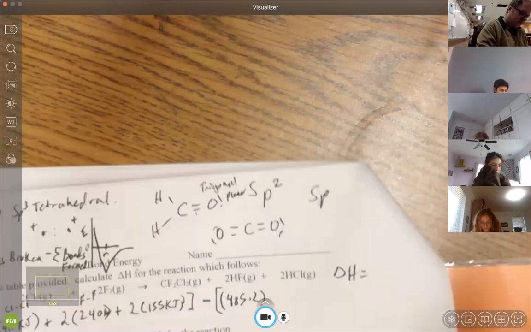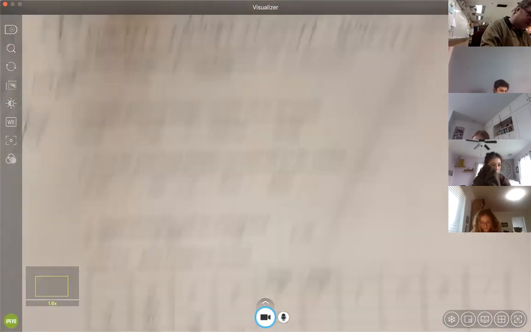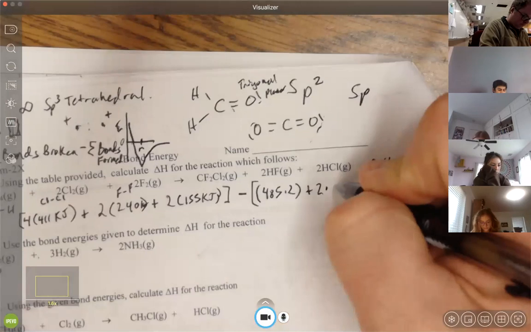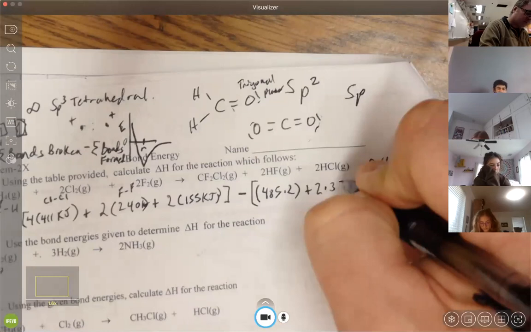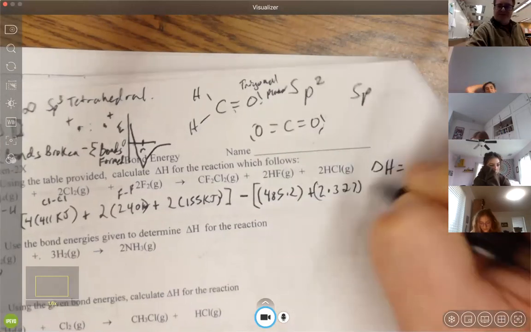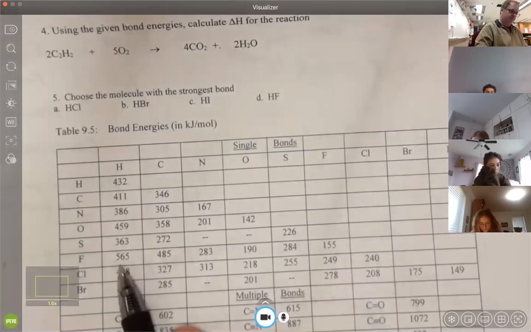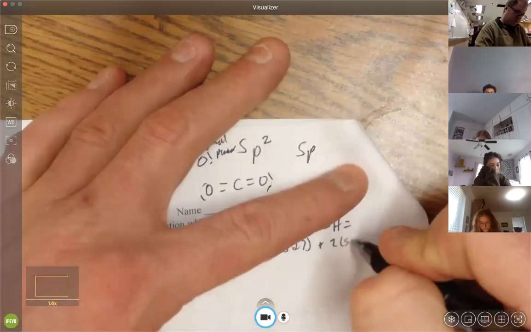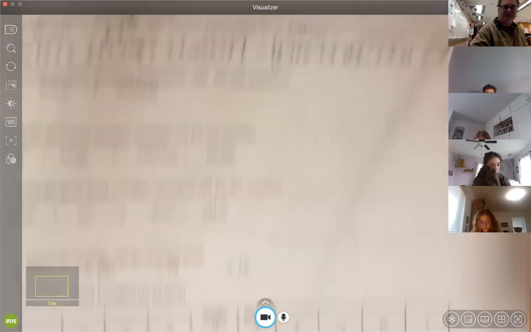C-Cl is 327, so we have 2 of those as well. We have 2 H-F bonds at 565. And 2 H-Cl bonds at 428.